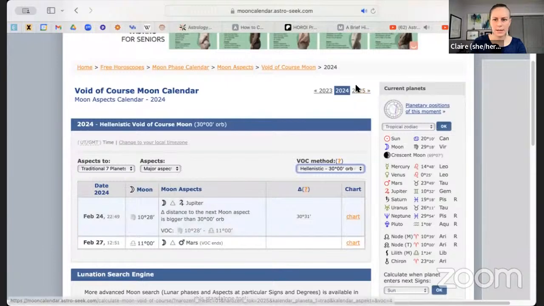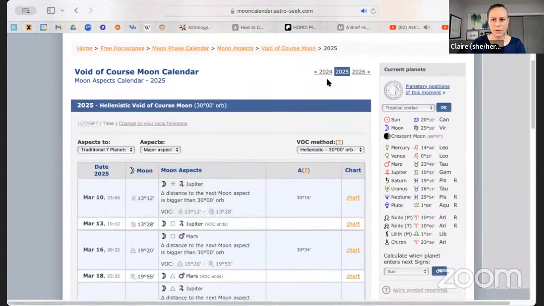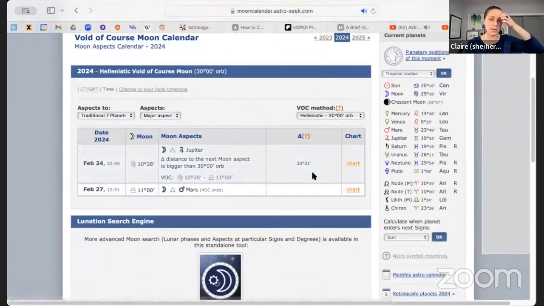Okay, we pick Hellenistic. We look at 2025. So, looking at 2024, there's a few different definitions for void of course moons. Chris Brennan has a really nice thing in his astrology dictionary online. You just type in astrology dictionary, it'll probably bring it up. There's the more Renaissance-y definition that I think more of us are familiar with, where when the moon isn't going to make any more aspects in that sign before it leaves for the next one, then that can be void of course, depending on orbs that you're using and planets.